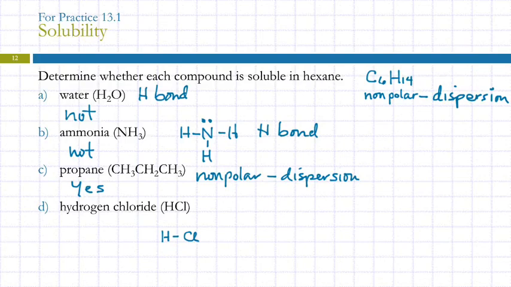Most of the time, if it's two different elements, it's a polar bond. It doesn't have hydrogen bonding because it doesn't have fluorine, oxygen, or nitrogen, but it's polar, and so it's got dipole-dipole forces. And those dipole-dipole forces are stronger than dispersion forces, right? So is this going to form a solution? No.